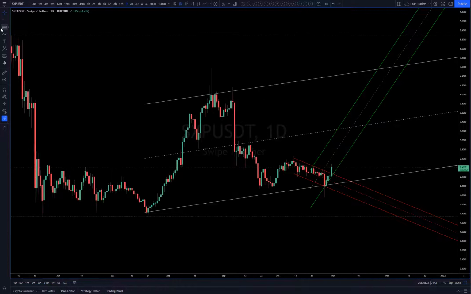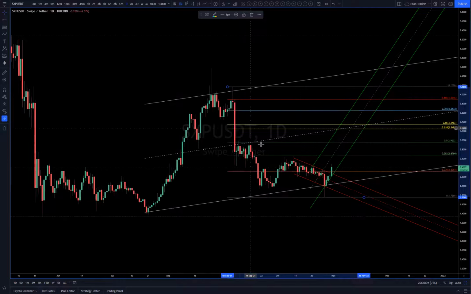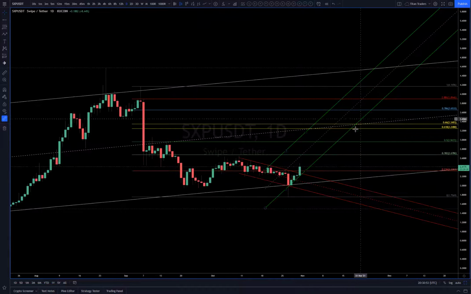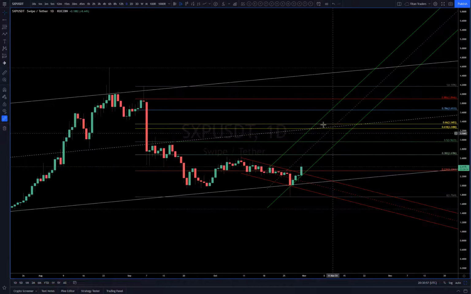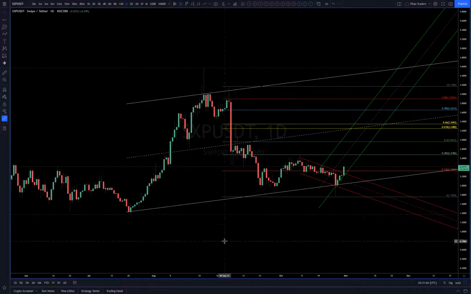I'll choose this high initially to that low, simply because that was that big impulse move down. So we broke above the 236, and it would be nice to see a break of the 3-year-2 level. If it does continue, even sideways, and if this channel is correct, it would be nice to target at least the 618. So I'm looking at that for SXP locally.